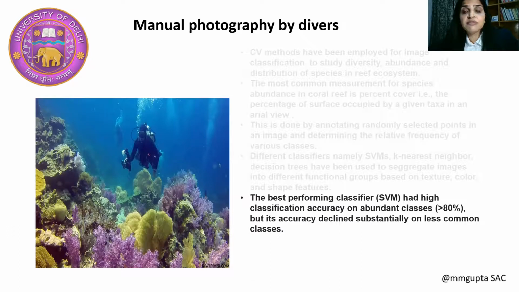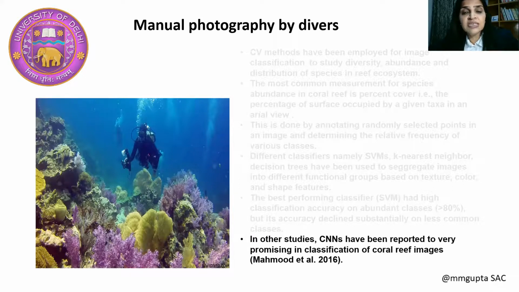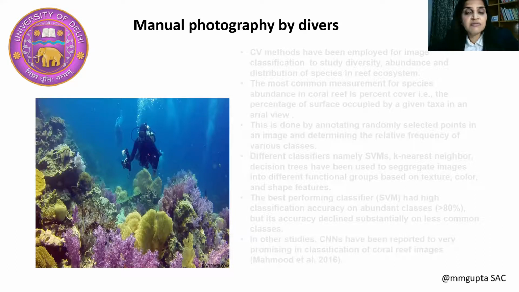SVMs have been found to be the best performing classifier, which gives accuracy greater than 80%. And in other studies, CNN have been reported to be very promising in classification of the coral reef images.